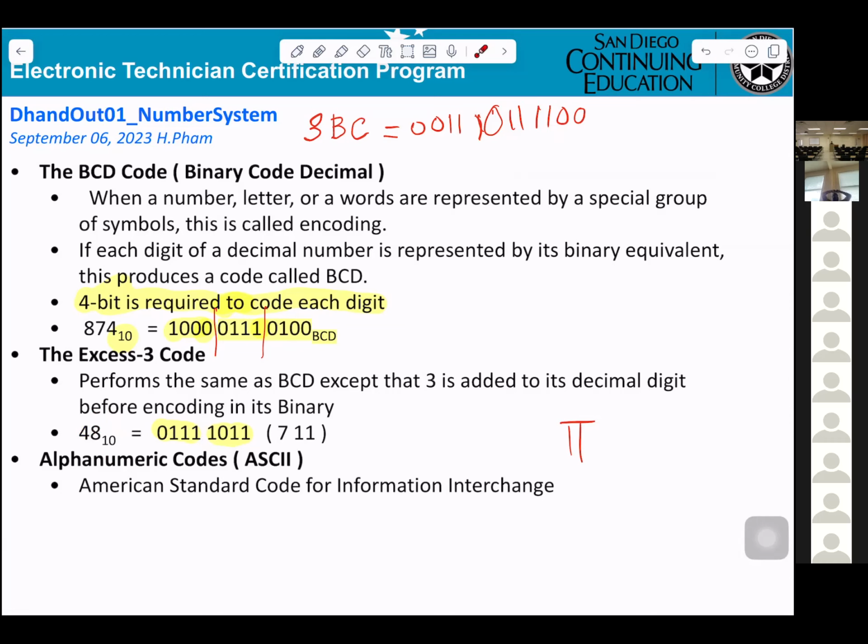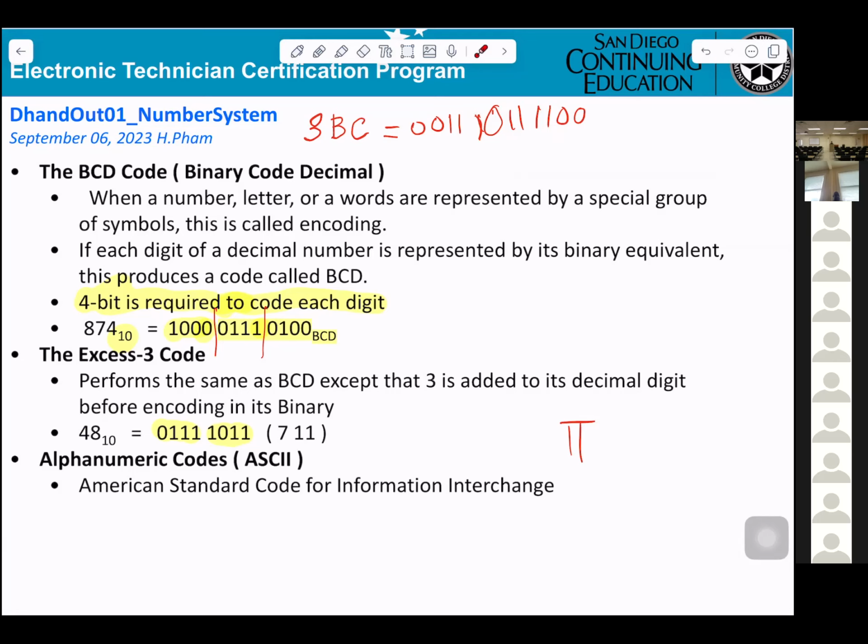And number 8, you get 8 plus 3, you get 11. 11 will be 1, 0, 1, 1. This one we don't need. The thing is, basically, sometimes they need the computer to control different kinds of machines, and those machines are encoded in excess-3 code. So that's why they have to convert it to excess-3 code.